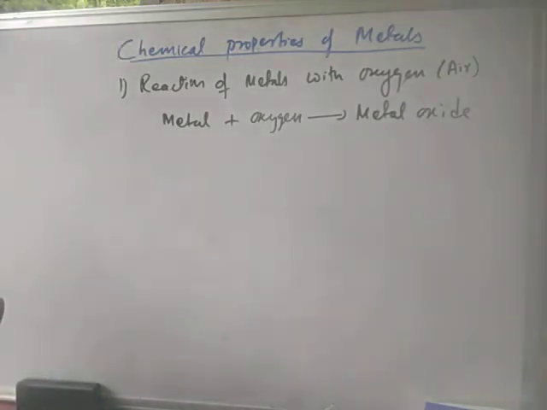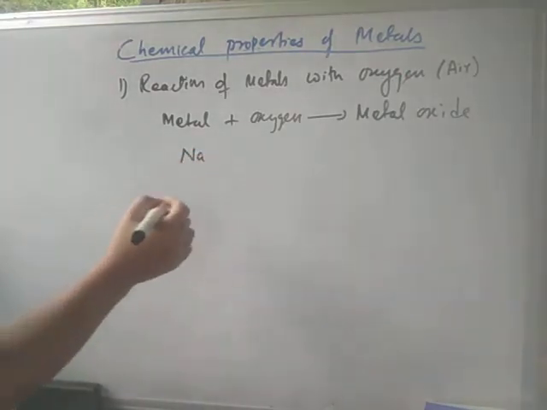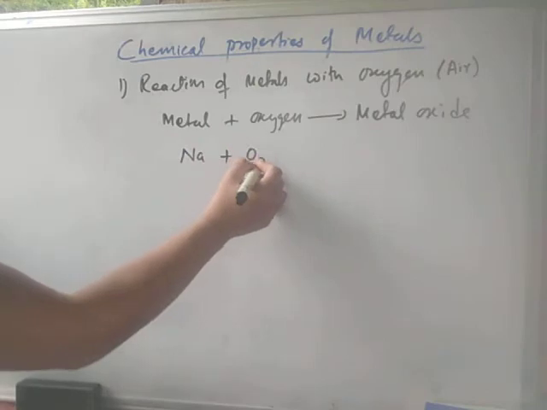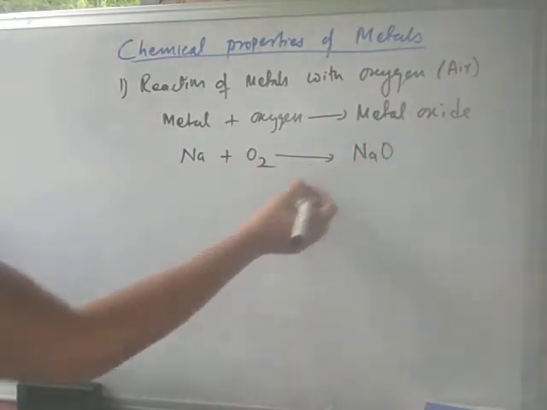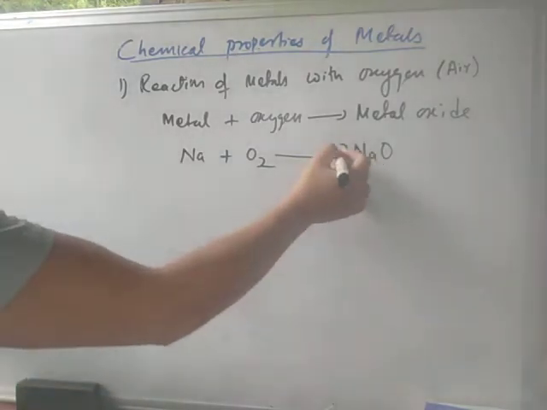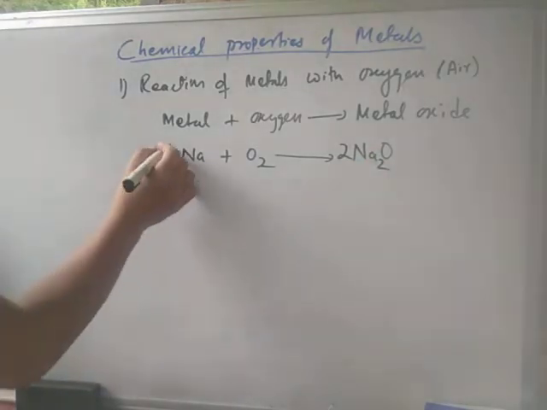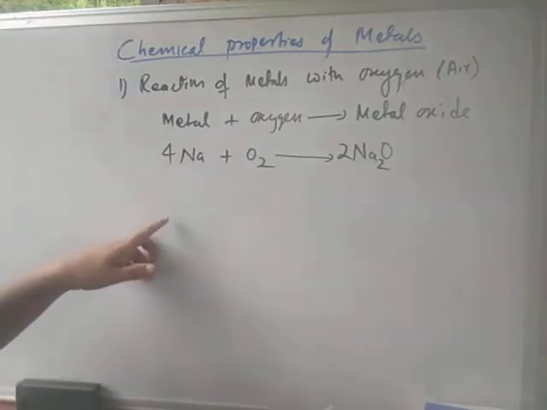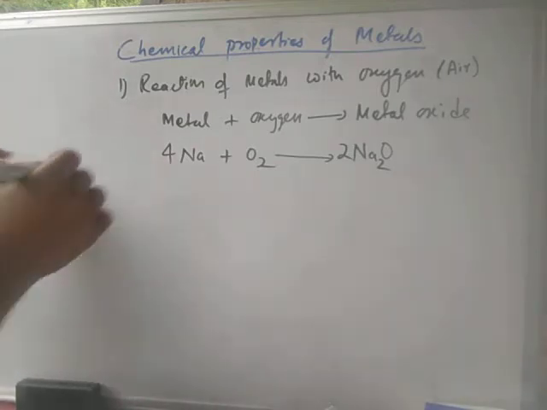One example, sodium. Sodium, Na, plus oxygen gives metal oxide, Na2O, so balance it: 4Na plus O2 gives 2Na2O.